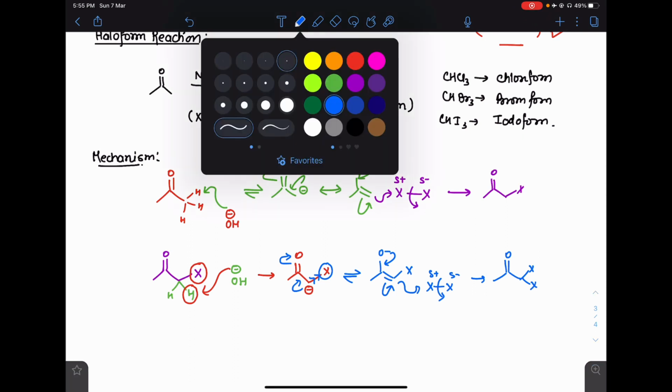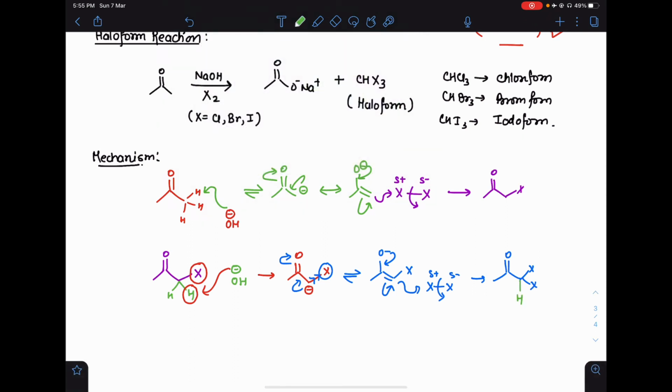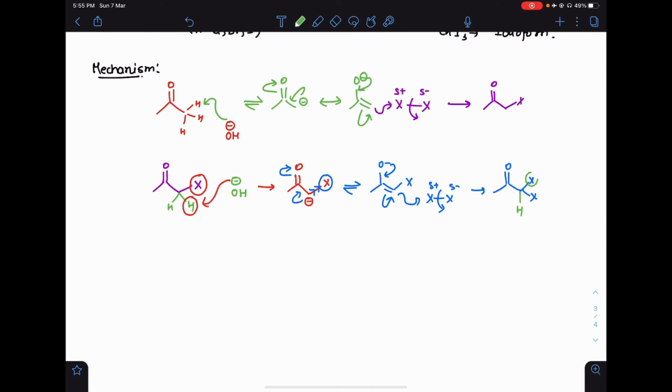Now I hope you see that the one more hydrogen left is even more acidic. Why? Because now there are two X groups which apply minus I effect and therefore make it very, very acidic. So I'm not going to write the mechanism again, but you understand that all three hydrogens will be replaced by X. Now, when there is no more hydrogen and there is base present, what will this base do?